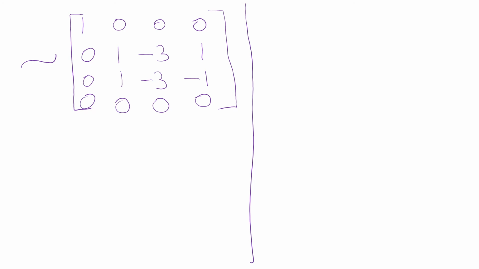We have the second row, second column entry 1. So make the elements below this 0 and the elements in that row 0. So let me take the operation R3 is R3 minus R2.